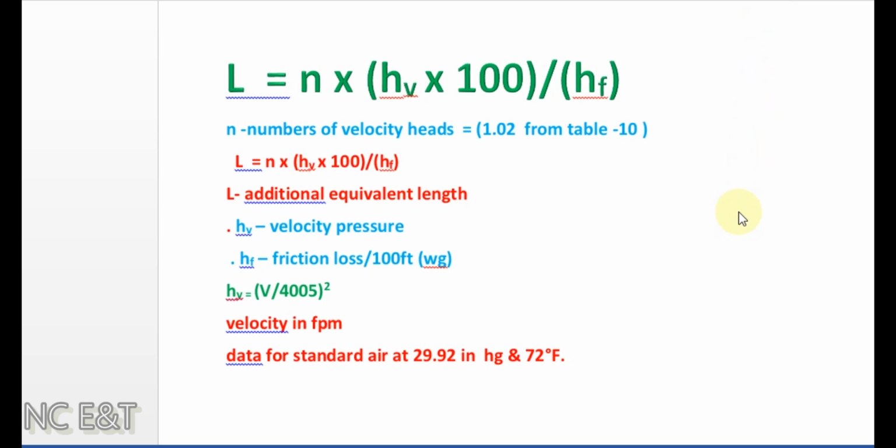As we have selected the value of velocity and friction loss rate from the friction loss chart, and we have calculated the value of number of velocity heads, that is equal to 1.02 from Table 10, after applying these values in the formula equivalent length = N × HV × 100 / HF, we can calculate the equivalent length for the transition piece.